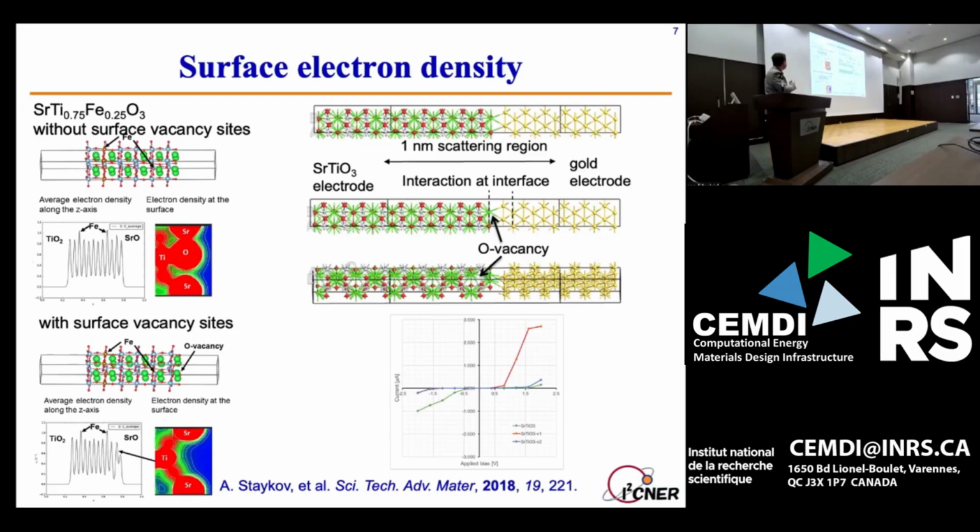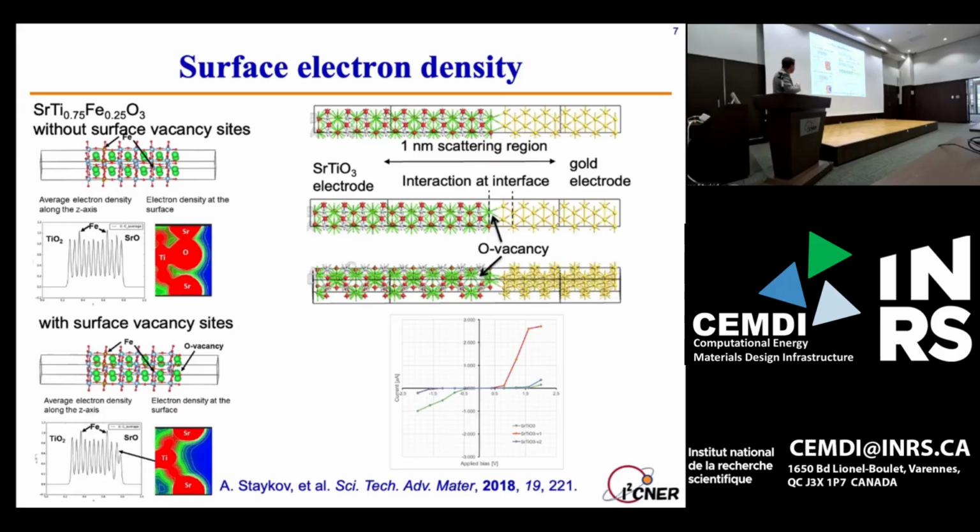So we looked at strontium titanate with iron within the material, and then we looked at surfaces with and without vacancies. If the surface has no vacancy, indeed iron doping would bring more electron density within the material and decrease the work function. However, that electron density is not equally distributed across the slab. It is still localized close to the iron atoms.